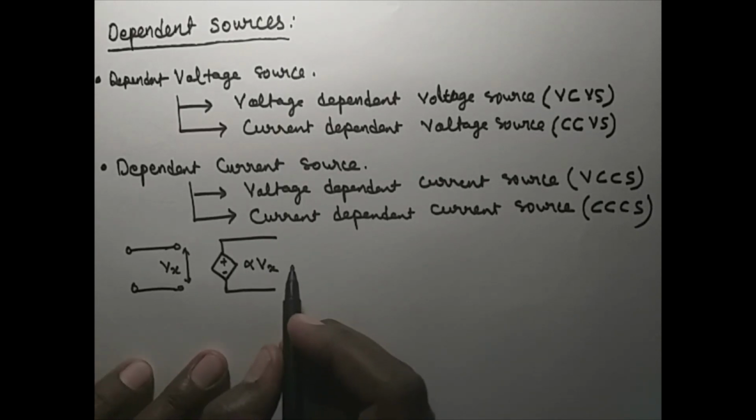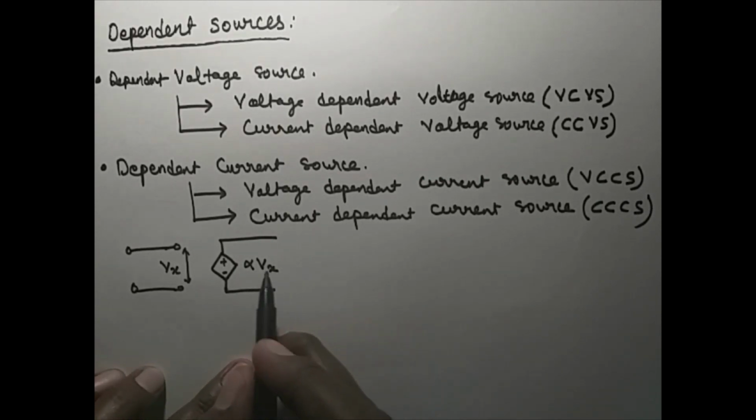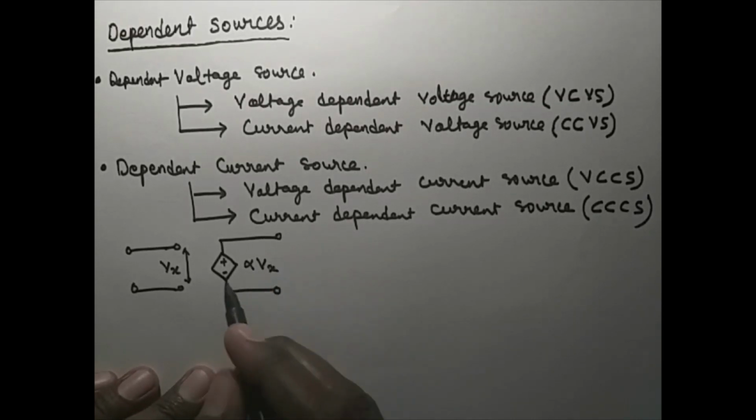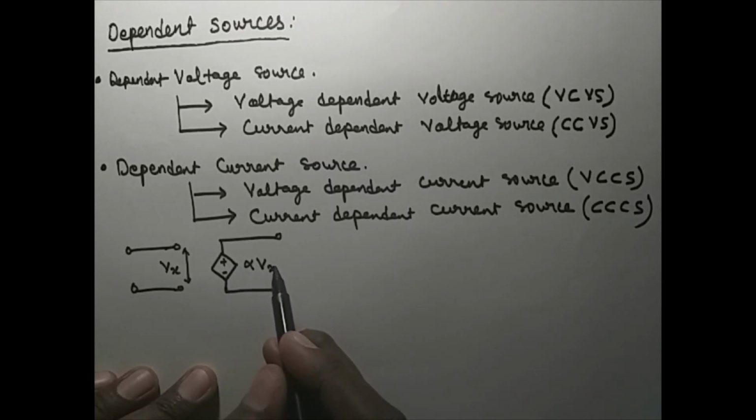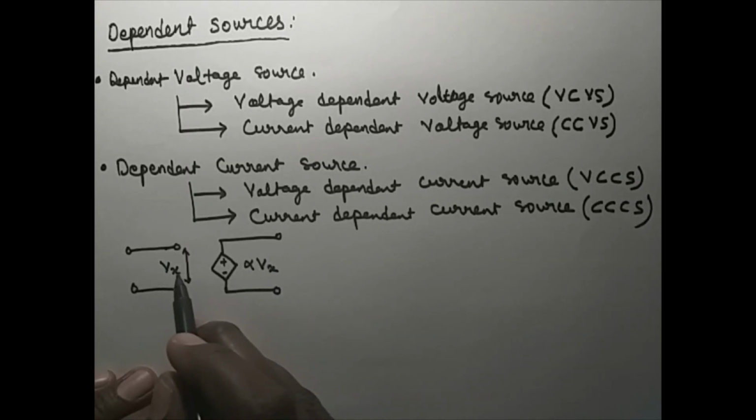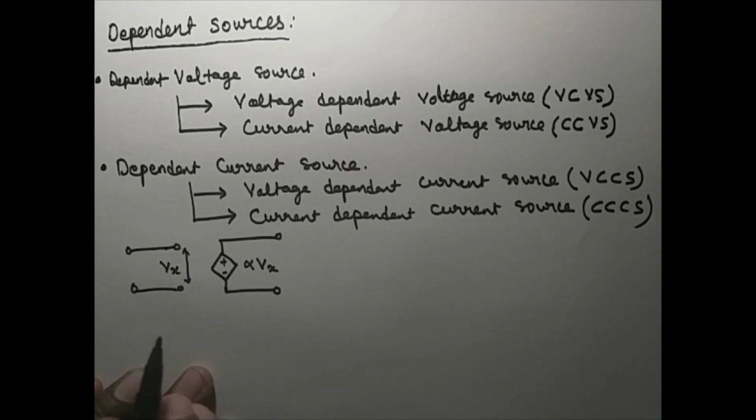The output voltage of this voltage source is equal to alpha into Vx, where alpha is some arbitrary constant. It means it is dependent upon Vx, and Vx is the voltage of some other part of this circuit.